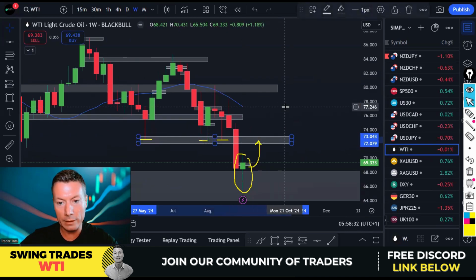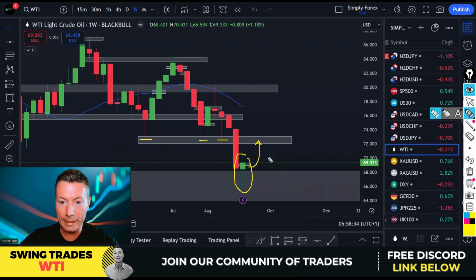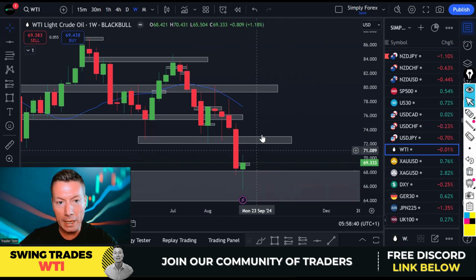Let's actually drag that gray zone out. It could get up to there before it comes back down potentially. So it'll want to follow trend. So just keeping an eye on oil and see what it does there as well.